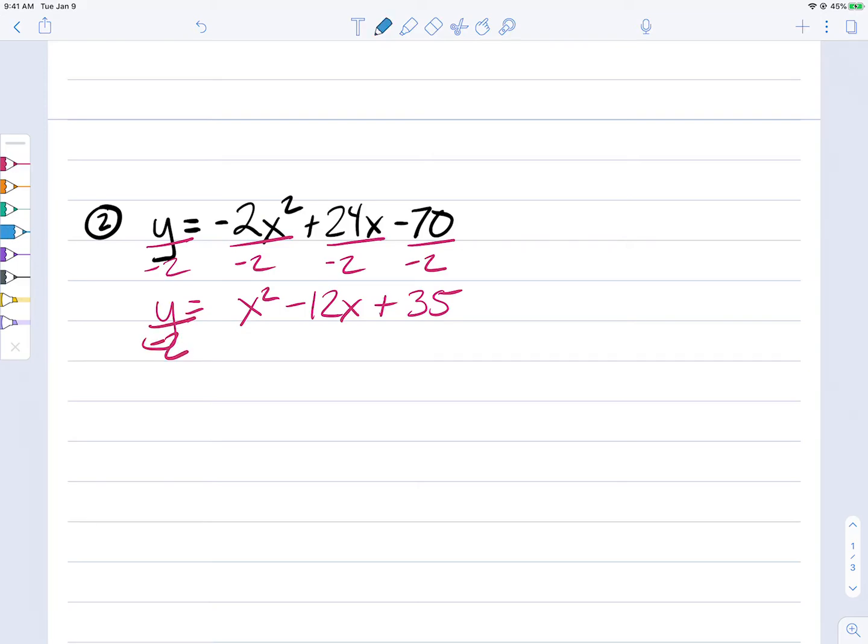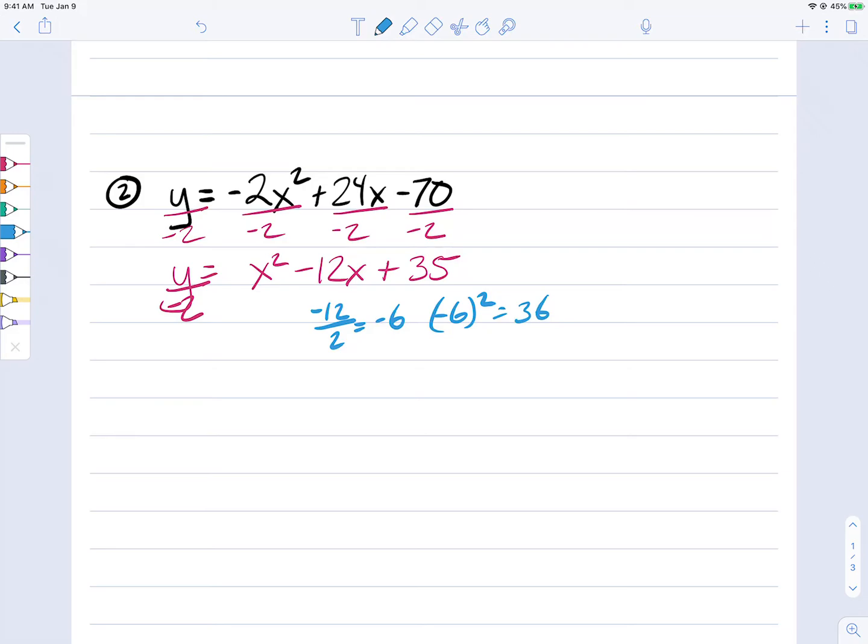Now I'm going to take the coefficient of x, which is negative 12. I'm going to divide it by 2 to get negative 6, and then I'm going to square negative 6 to get 36. I'm going to then add that 36 to the first two terms and subtract it from the last term.